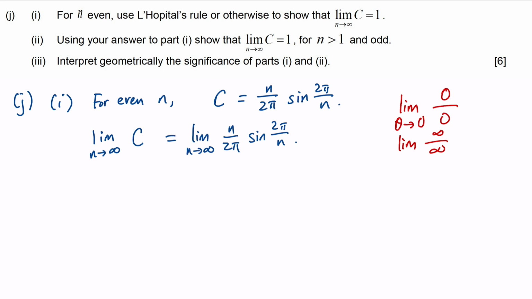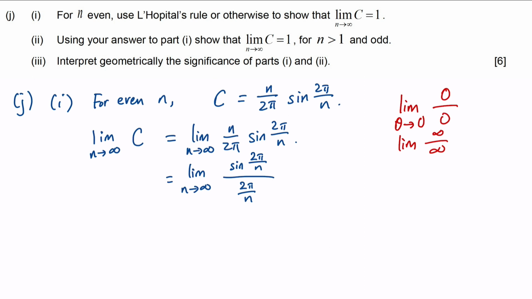Looking at this, we need to rearrange it somehow. I'm going to observe that this expression can be written as 2 pi over n over 2 pi over n.